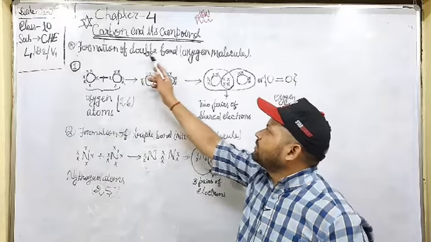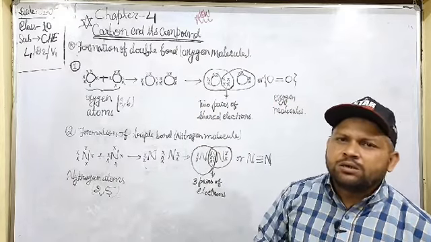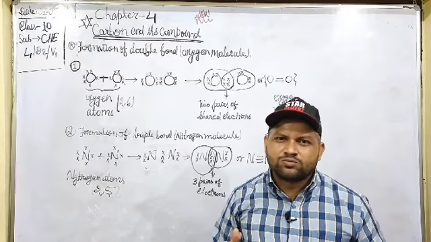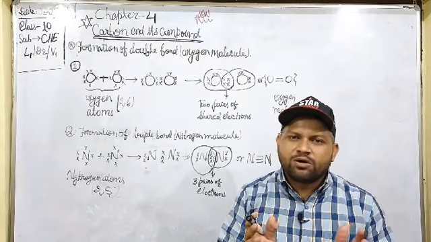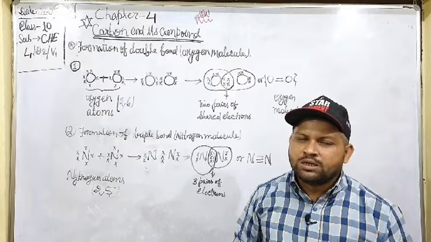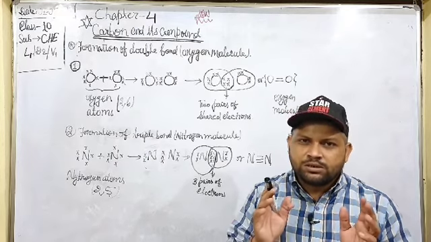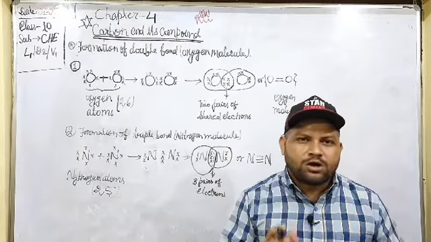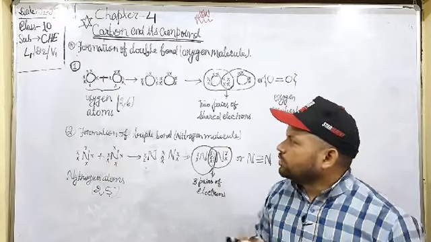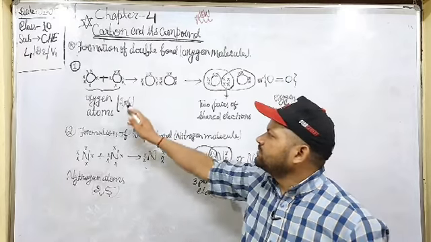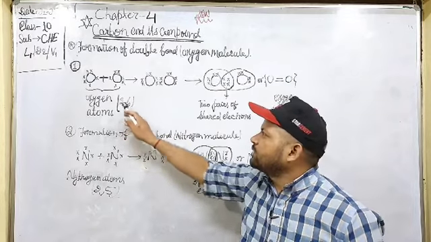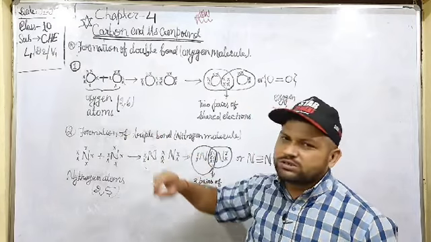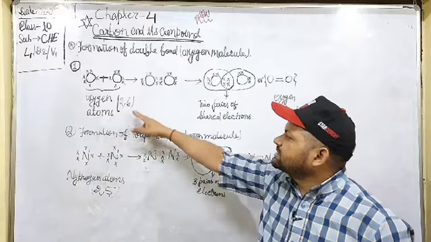So, formation of double bond, for example, oxygen molecules. Formation of oxygen molecules takes place with the help of sharing of two pairs of electrons. That is, the formation of double bond takes place in the formation of oxygen molecules. So look here, the orbital configuration of oxygen is: in the first orbit there are 2 electrons, and in the last orbit there are 6 electrons.